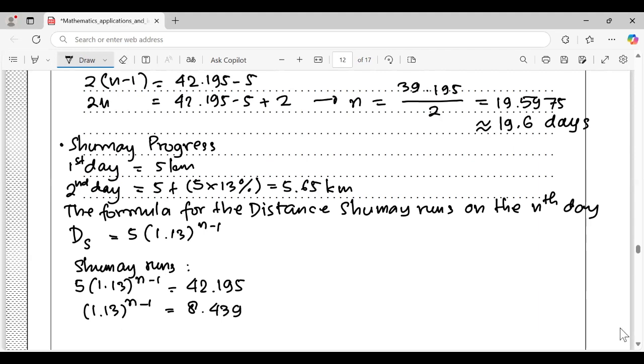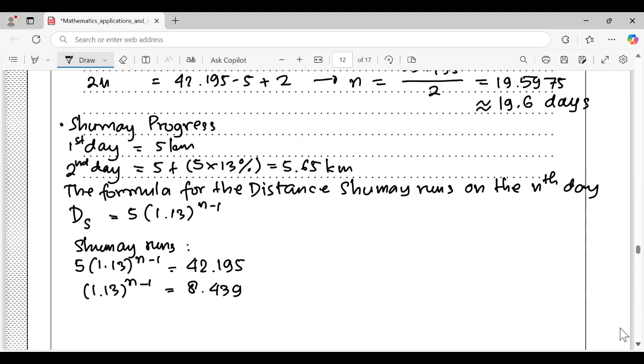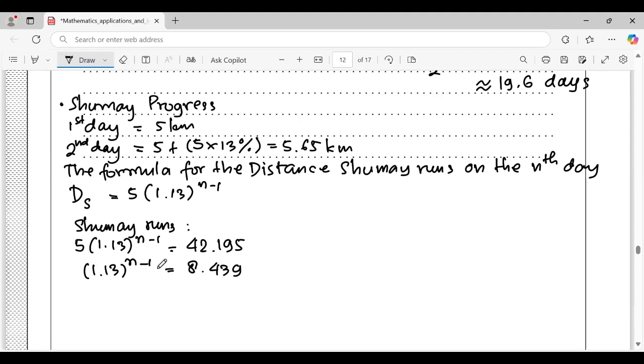And I would like to write this part becomes 1.13 power n over 1.13, equal 8.439. Okay, so it means 1.13 power n.